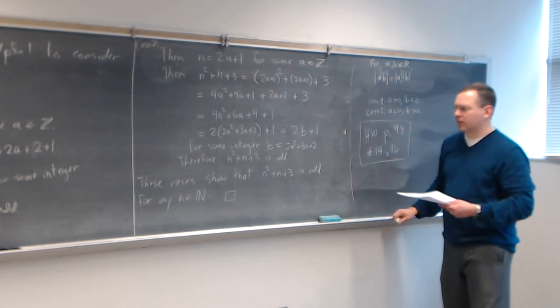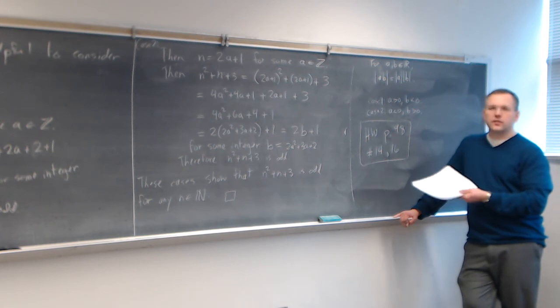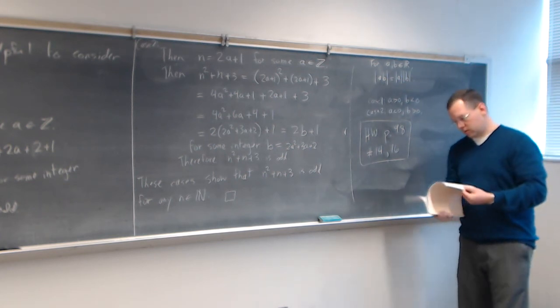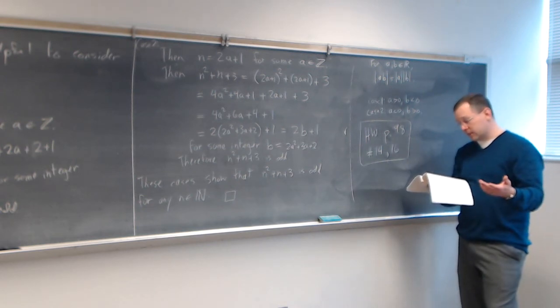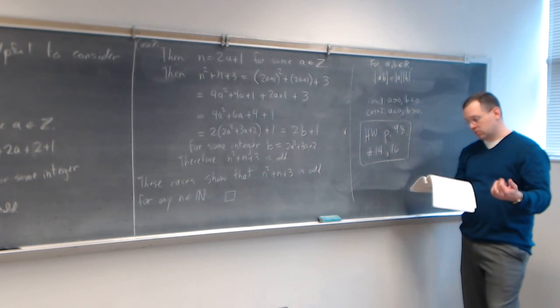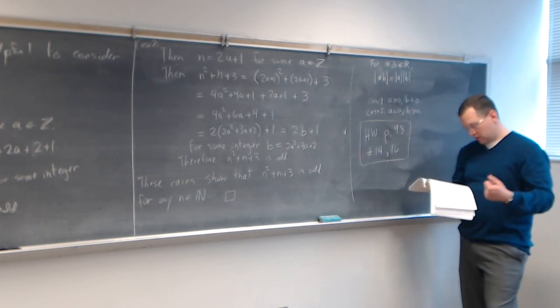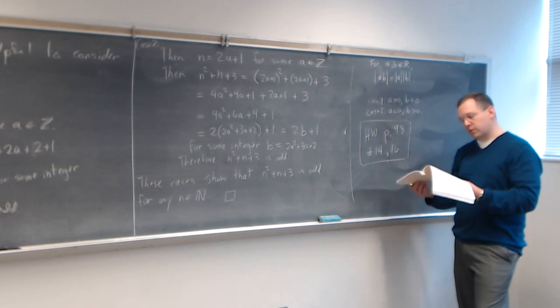I think one of them actually gives you a hint in the book. Maybe number 13 is very similar to number 14. Let me look real quick. So number 14 does say try cases. And number 16 also says try cases. So these are both proof by cases.